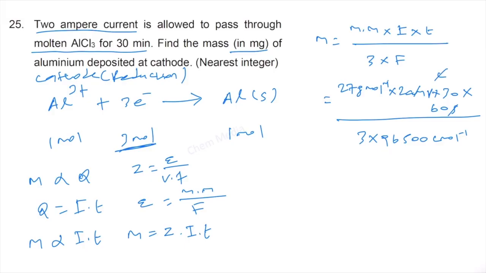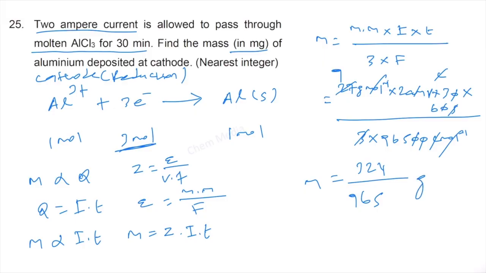Therefore, coulomb we can cancel, per mole also we can cancel, 20 we can cancel here. So, 9 times 3 is 27, therefore, this is 9. So, 9 times 2 is 18, 3 times 6 is 18, therefore, 18 times 18 is 324 divided by 965. That is what we need to find out.